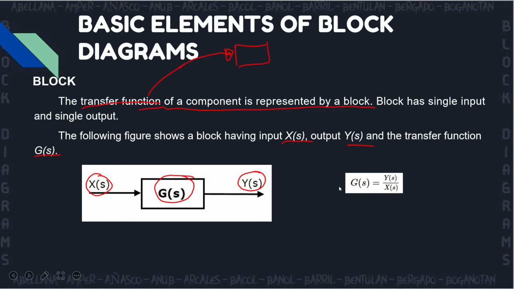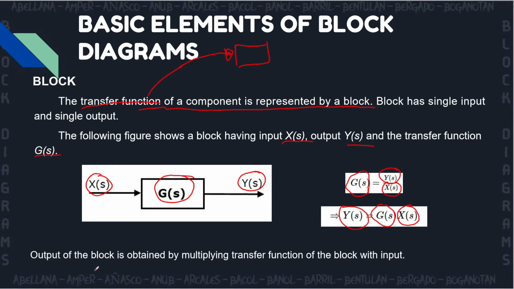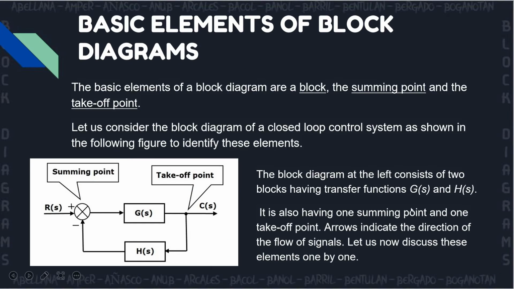The transfer function G(s) will be equal to the output over the input, or the output will be equal to the transfer function multiplied by the input. So the output of the block is obtained by multiplying the transfer function of the block with the input, as stated in this formula.